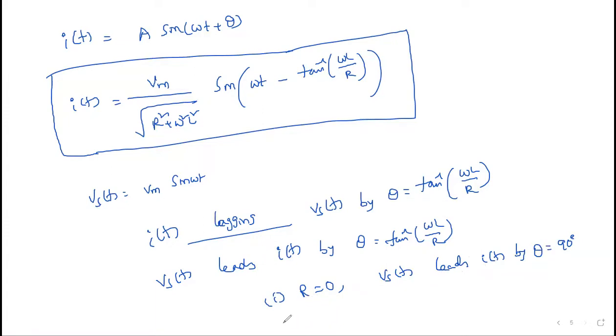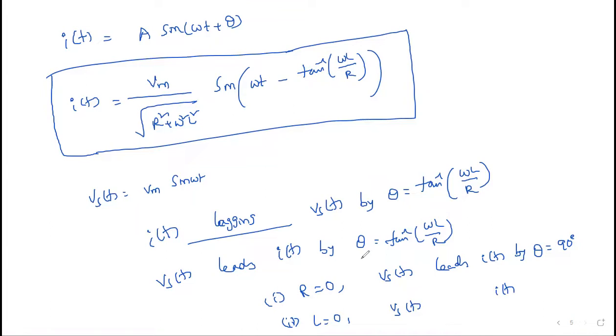In a similar way, if there is a pure resistor, that means suppose inductance is 0, then theta is equal to 0. Theta equal to 0 means there is no phase shift.